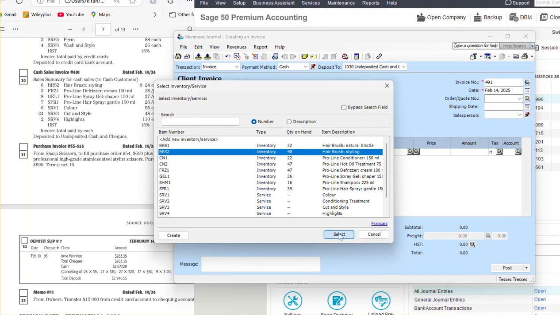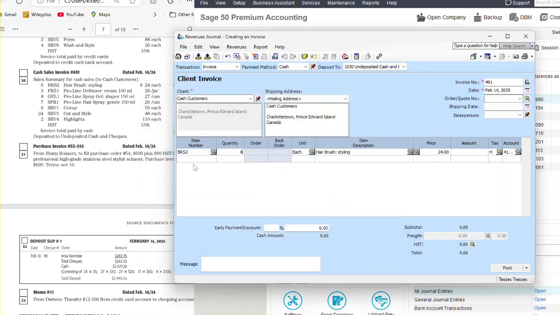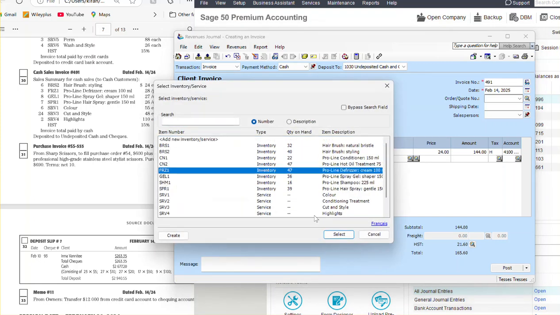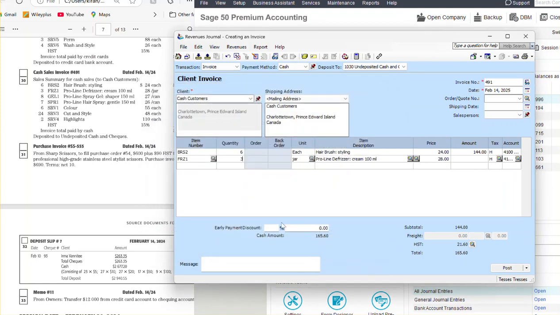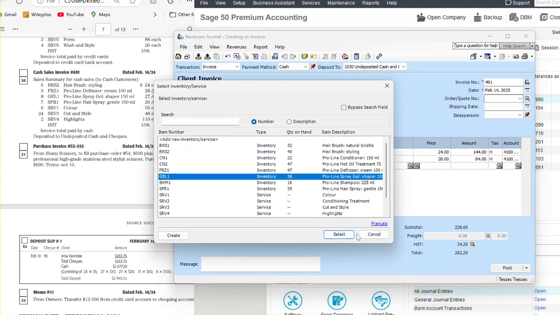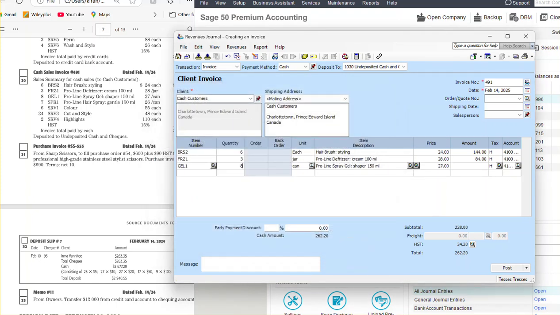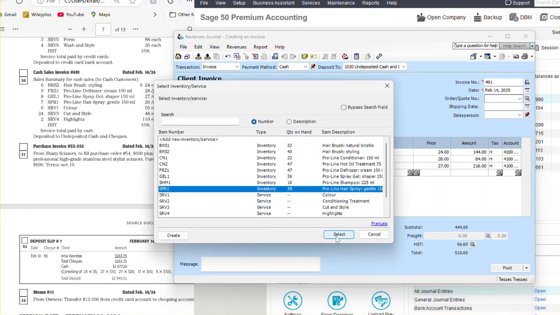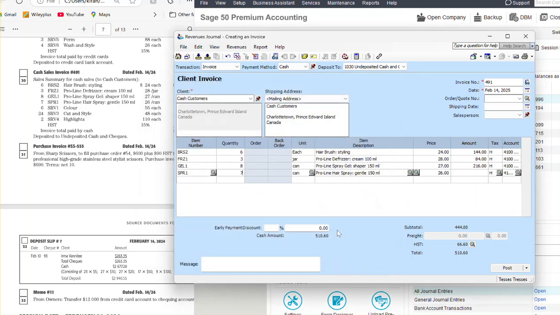BRS2 selected. It will be your 6. I go to my next one, Frizz FRZ1, and that is your number 3. I go to next one, GEL1, and that is my 8. I go to next one is my SPR, that's 1, and that's 7.